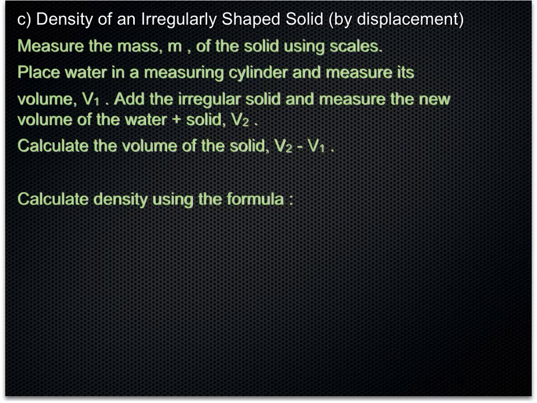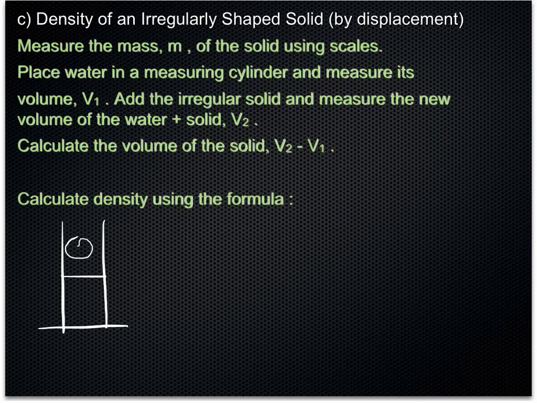Now for an irregularly shaped solid, something that's not particularly easy to measure with standard rulers or measuring tapes, something irregular like perhaps an old capacitor or some stone or something like that. The way to do this is to use the displacement method and place it into a known volume of water in a measuring cylinder.